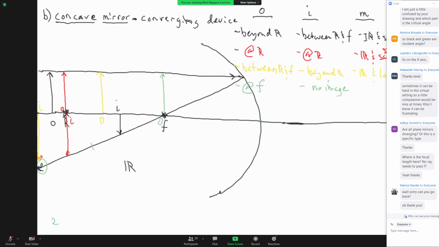Okay. And last but not least, if our object is inside of the focal length, let's draw it out.